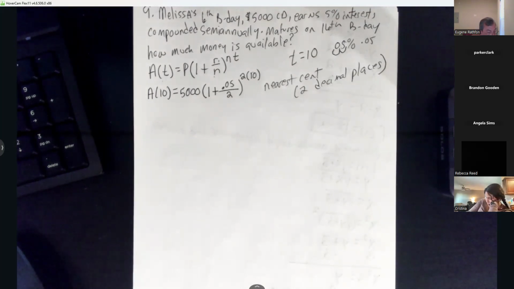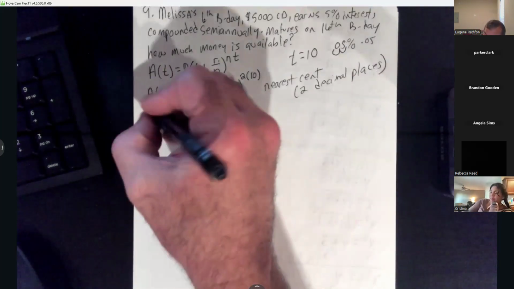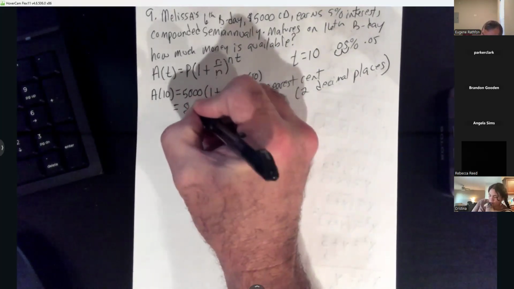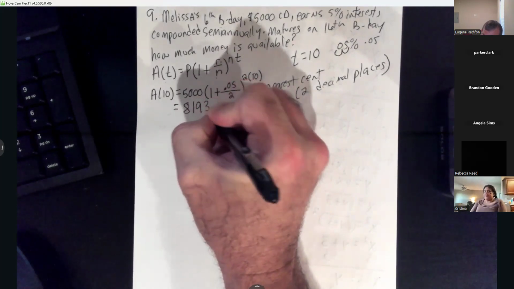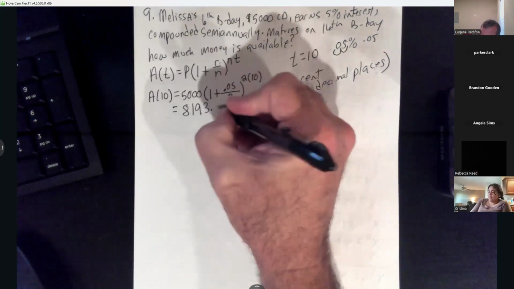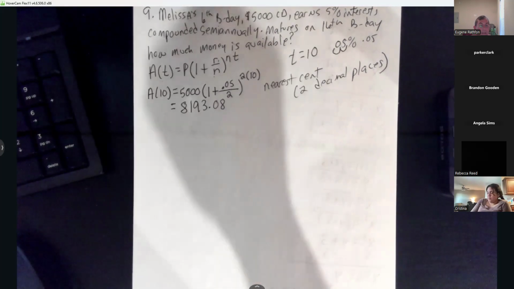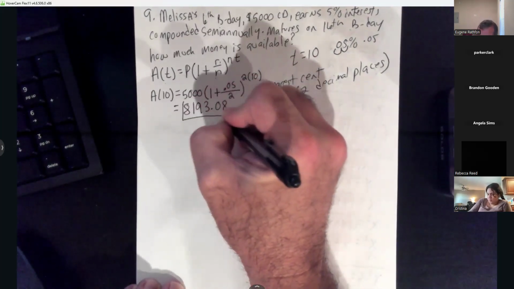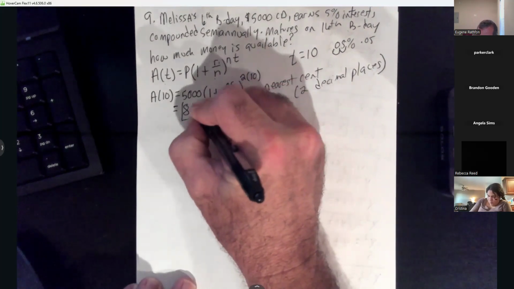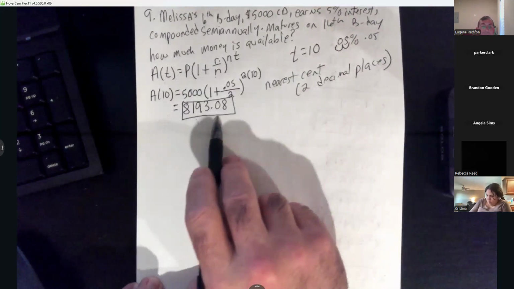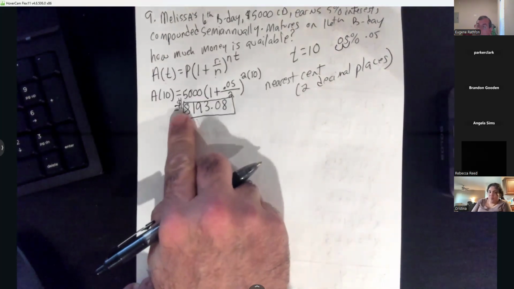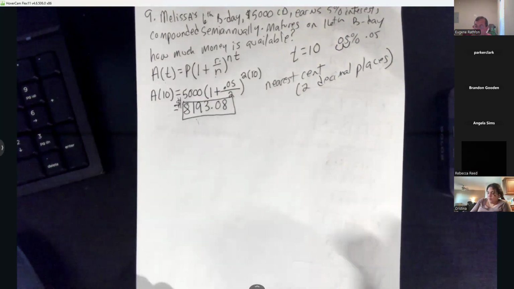When I did that, I ended up with, rounding it 2 decimal places, $8,193.08. Now, don't put the money symbol in. MathLab will put that in. All you're putting in is the amount. MathLab will already have that little money symbol on the outside of the answer blank, okay?